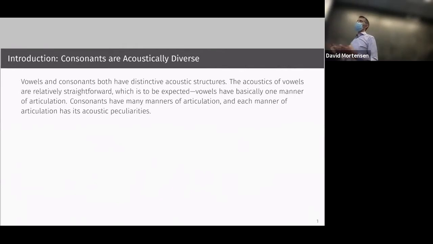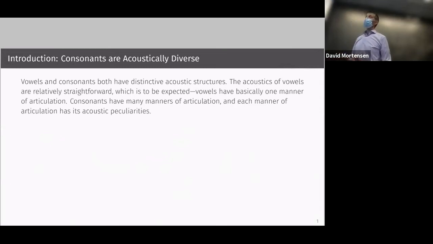You're not doing anything fancy or special with your tongue for the most part, other than having it relatively high or relatively low. Maybe your lips are rounded a little bit, but there's not a lot of action there. Your vocal folds are vibrating, unless you're Japanese, in which case your vocal folds may not be vibrating sometimes in certain contexts, but in general, this is the case. So vowels are sort of all the same.